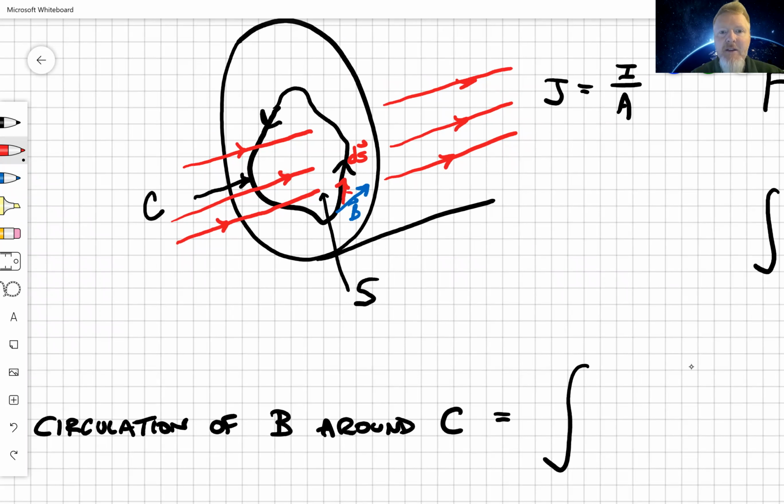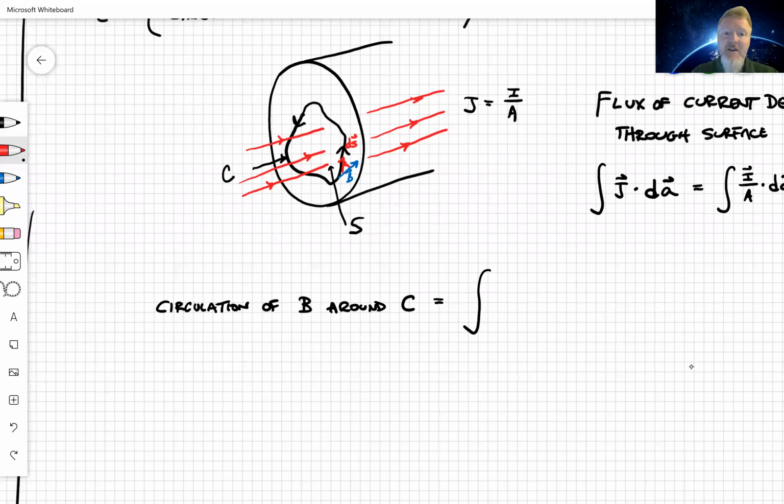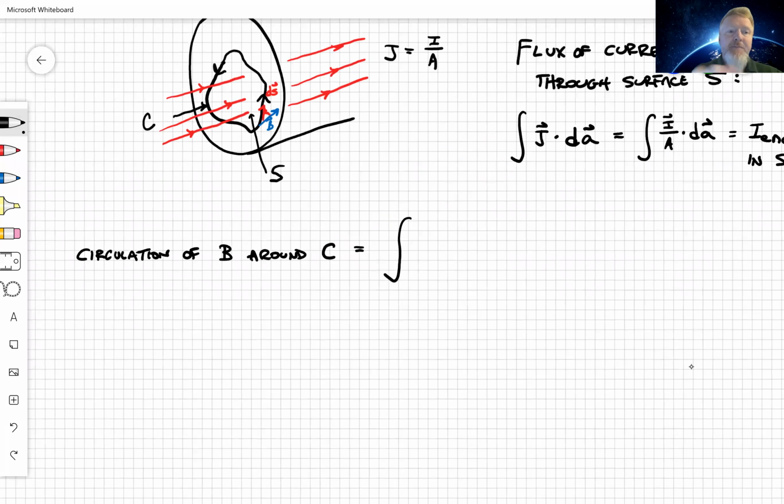You see there's an angle right in here between these two, B and ds. And so you're asking how much of this kind of oddly pointed B is going around curve C, right? It's picking out the tangent component. That's why the dot product is going to exist in this expression here. We're going to have B dot ds.